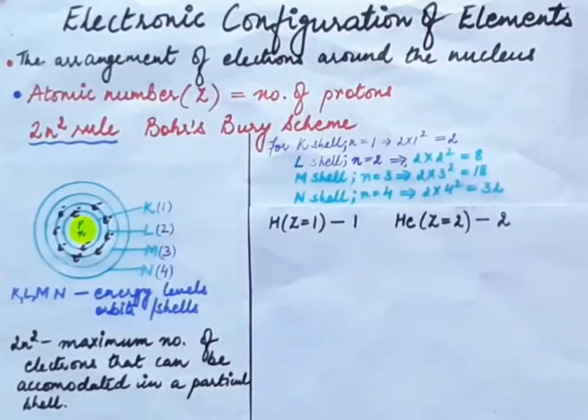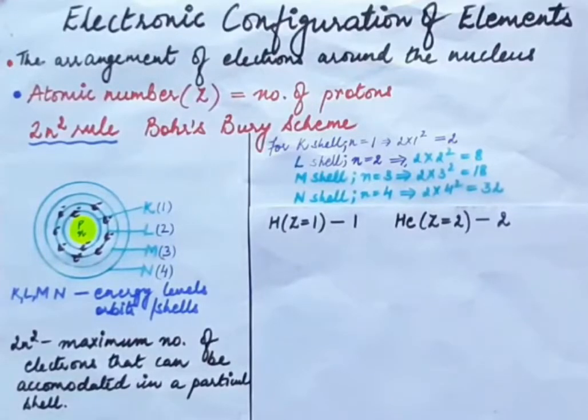Both hydrogen and helium have a duplet structure, which means they have a tendency to have 2 electrons in their valence shell. Now the rest of the elements follow the octet rule or have an octet structure, which means they have a tendency to have 8 electrons in their valence shell.